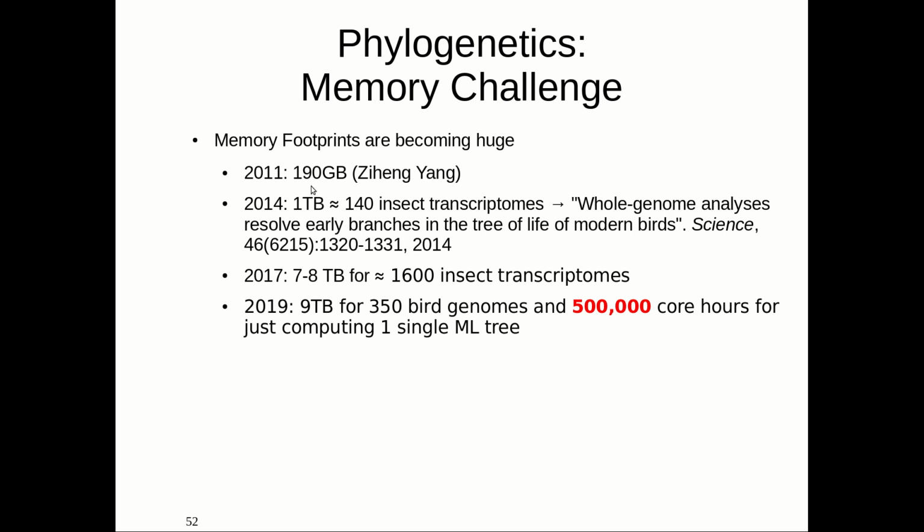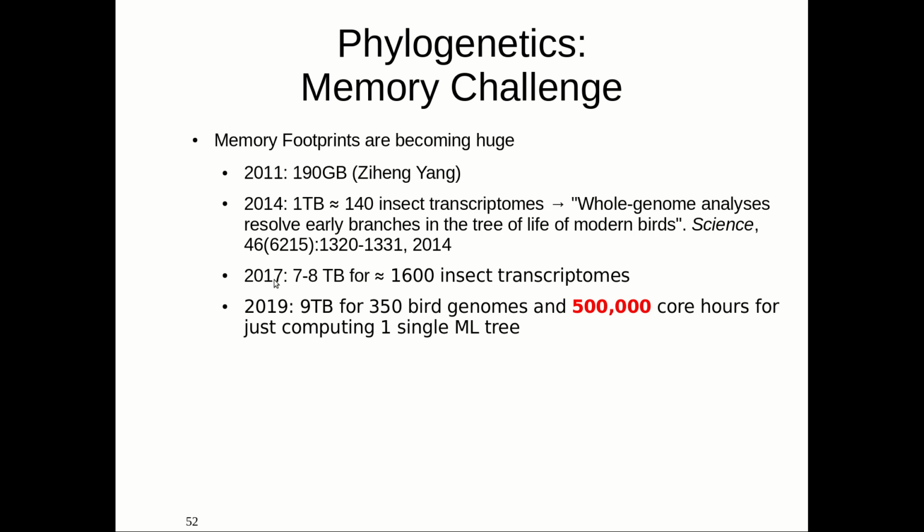In 2011, Ziheng Yang had a data set that required 190 gigabyte of memory to be able to compute the likelihood. Then in 2014, we already required 1 terabyte of main memory to analyze 140 insect transcriptomes.